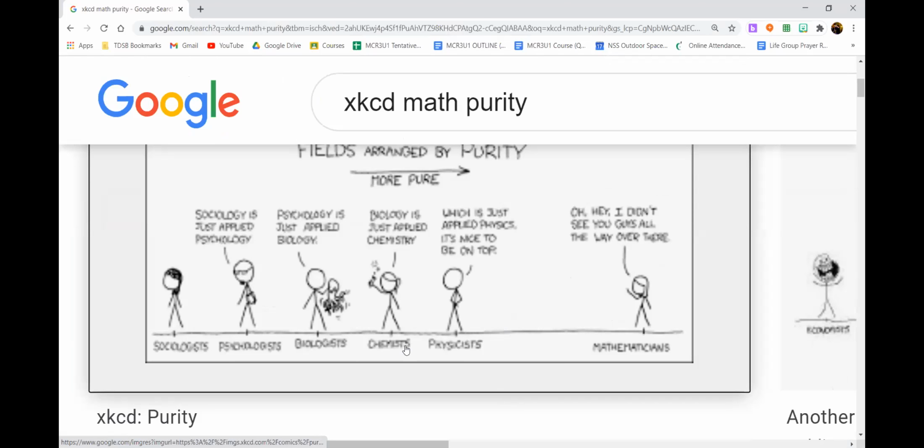Ready? We have sociologists, right? People who study social studies. People study the interaction of people, so on and so forth. There's a smart guy here that says, sociology is just applied psychology.